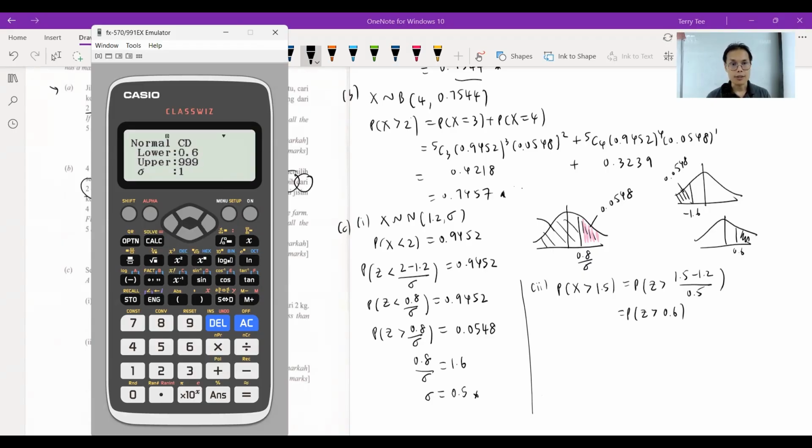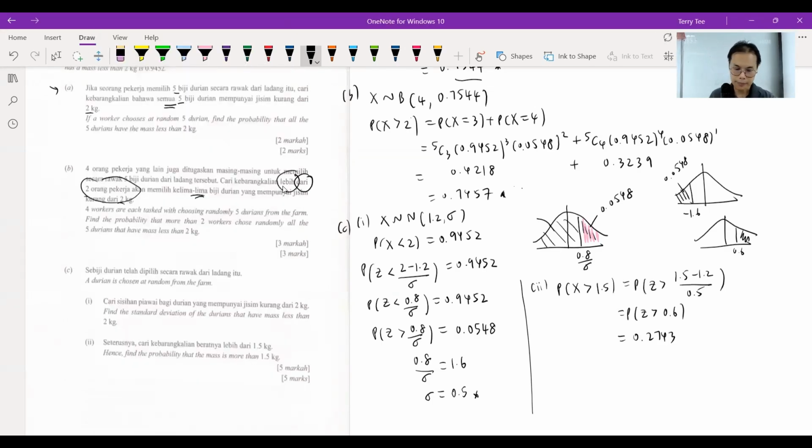Your standard deviation is 1. Your mean is 0. If you move down, you can see your mean is 0 because it's a standard normal distribution, a z value. So your probability is 0.2743. Okay, that's all.